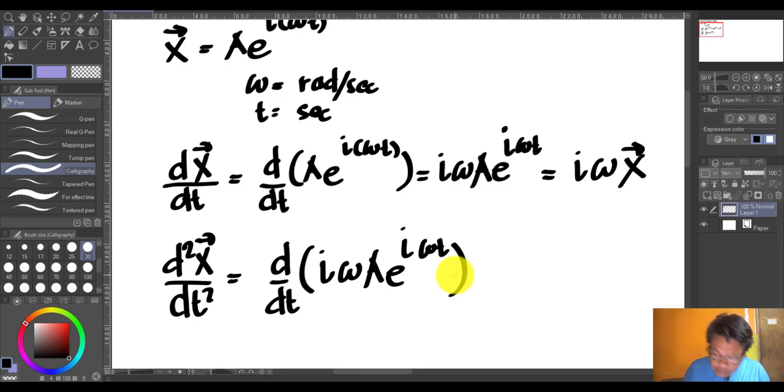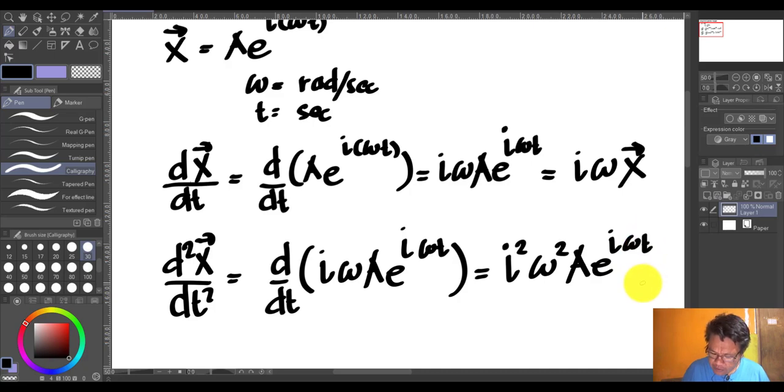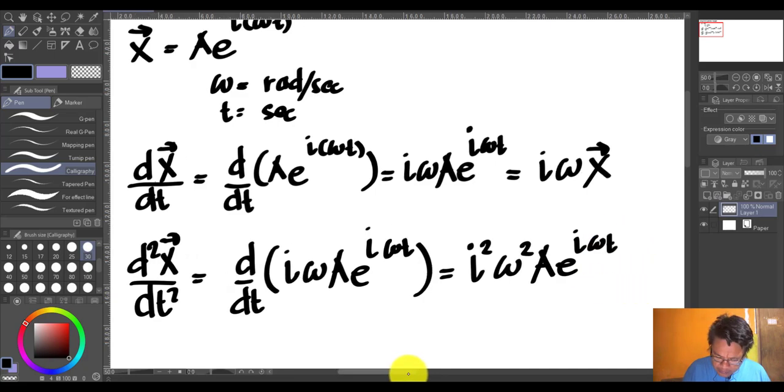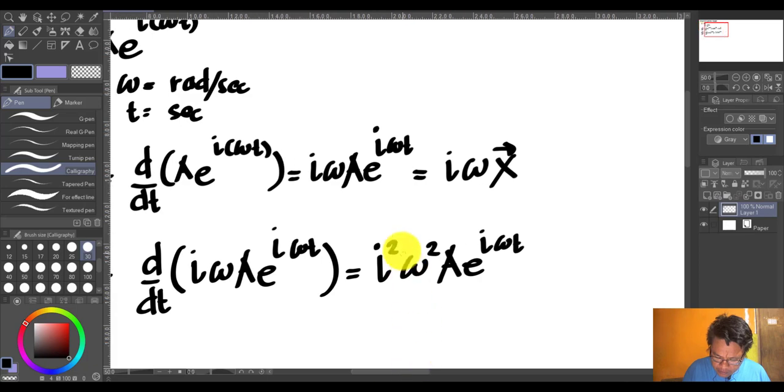So this will become i squared times your angular velocity squared, then we have your A, and the same exponent, the angular velocity times time.